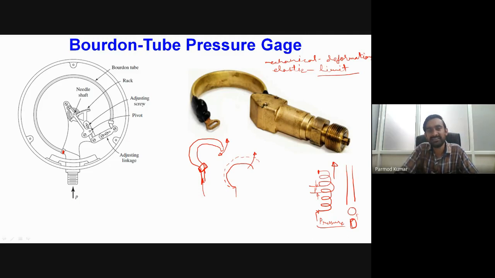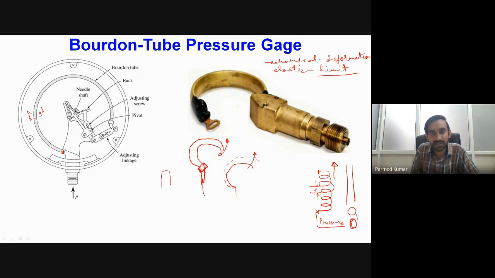What he has done initially, why he selected this C type tube: if at any point I take a section plane, say this is my section plane AA, then at this plane AA the cross section of the tube is something like this.